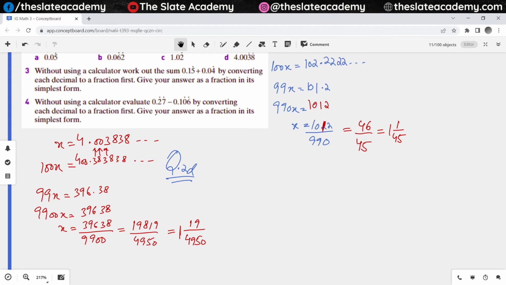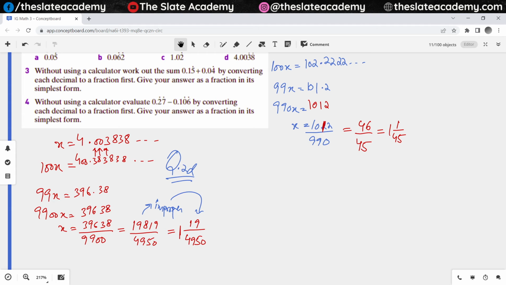So the key for... and what would that do? So no, it is correct this way. I'm just saying that this is an improper fraction. You have to convert it into a mixed one. So how do you do it?